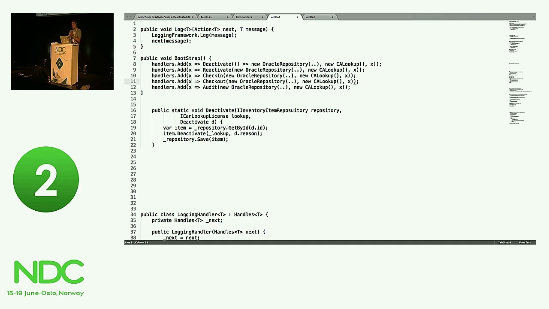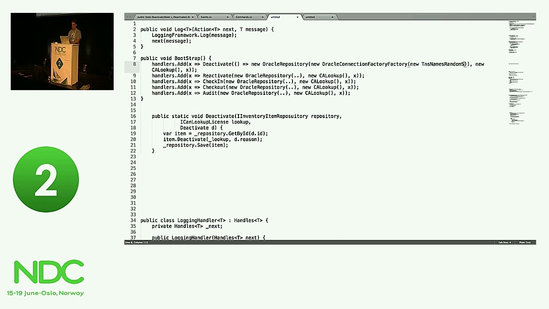And I've had lots of people tell me, but you know, still it's not as good as my container because, what happens if I come in this code and then I'm like, we need a new Oracle connection factory, which takes a new TNS names random selector, which takes a new TCP abstraction, which takes a new connection manager.